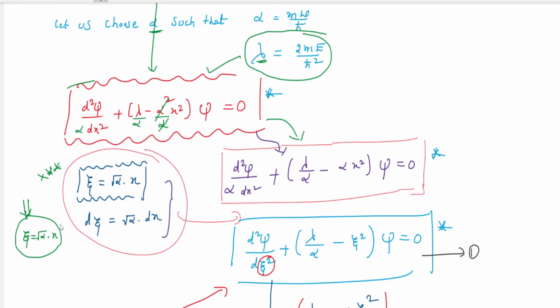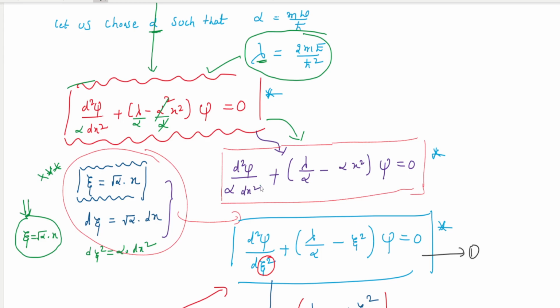Then I'm going to differentiate this, d xi equal to root alpha into dx. So we already got this equation, right? In terms of alpha into dx square, I can use d xi square.